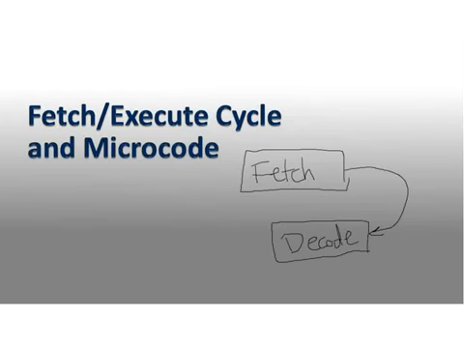So we get the instruction, and then we need to analyze what it is. After the computer analyzes what the instruction is, it will just do execution. It will execute the instruction. So this is the broad picture of this cycle.